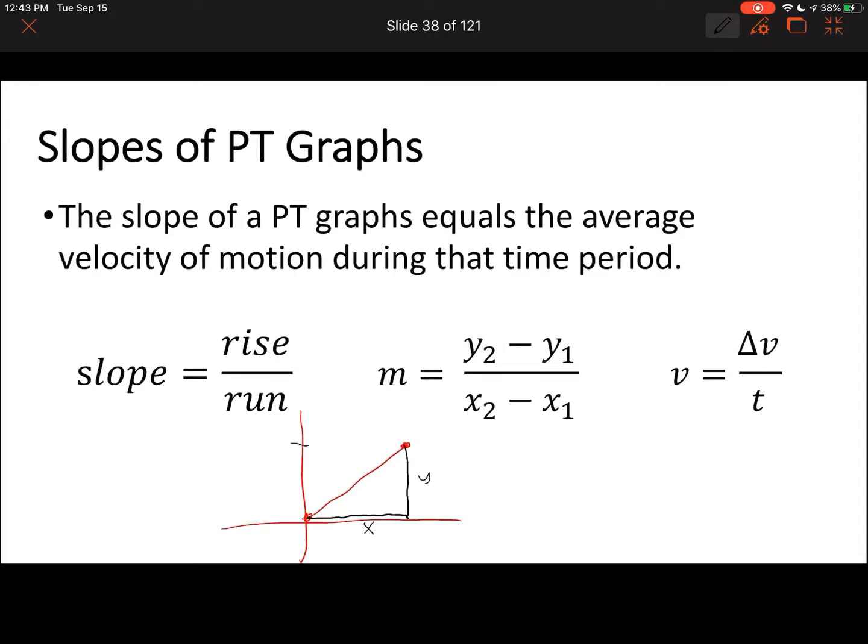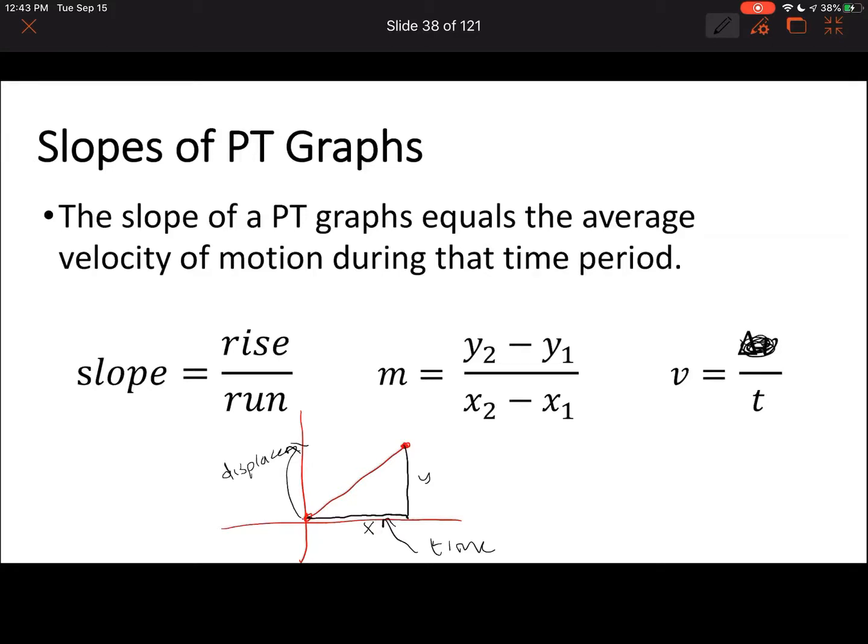Well, what is my y here? Well, that's my change in position. So my displacement over a certain time.